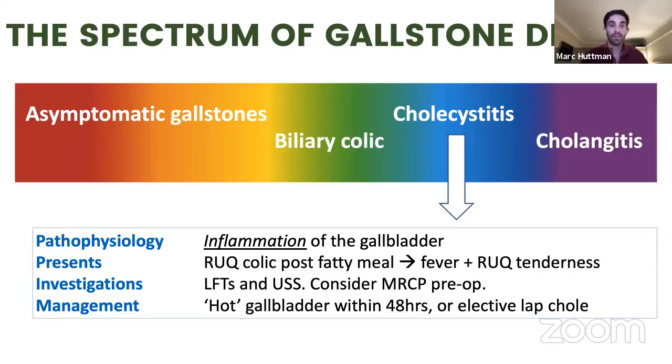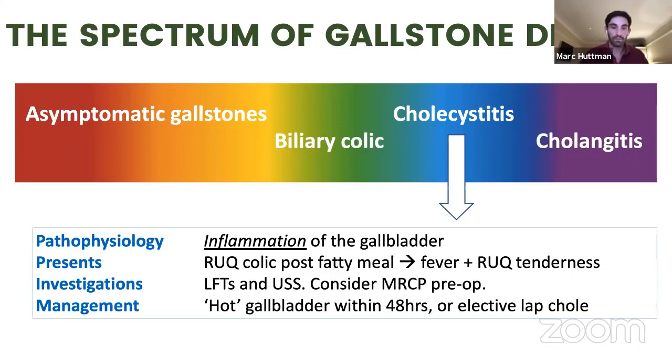So in this case, you give antibiotics, you give fluids, you treat all the symptoms, and you treat their pain with analgesia and things like that. But the gold standard, the thing that needs to happen, is you need to take the gallbladder out.